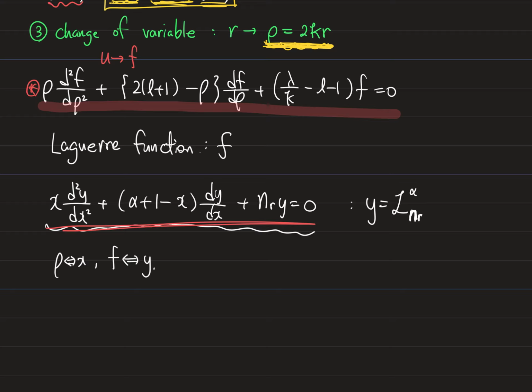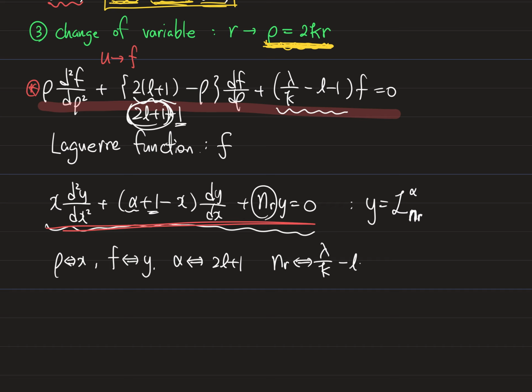And alpha in the original Laguerre function would correspond to 2l plus 1 here, because this is 2l plus 2. So we break down 2 as 1 plus 1. So this one corresponds to alpha and plus 1 here. And n_r here should be the coefficient multiplied in front of the function itself, so lambda divided by k minus l minus 1.